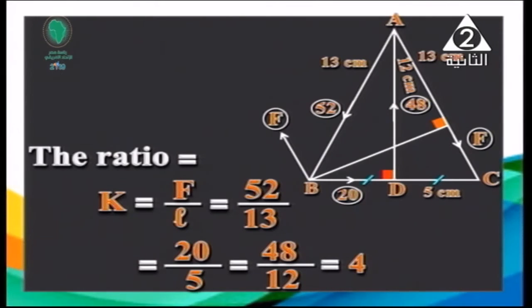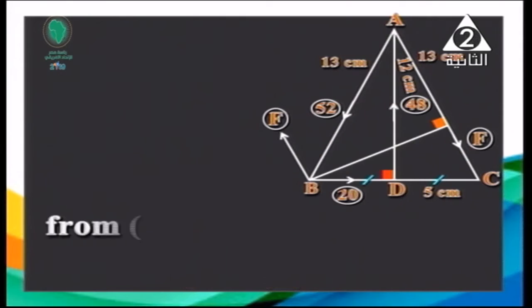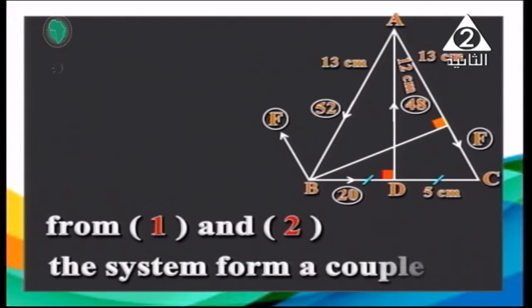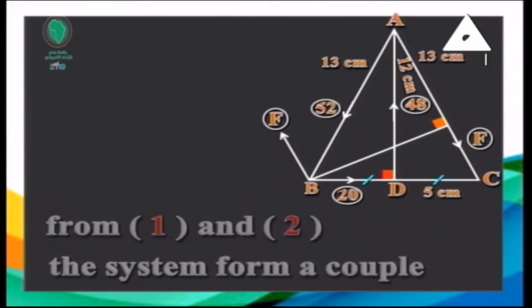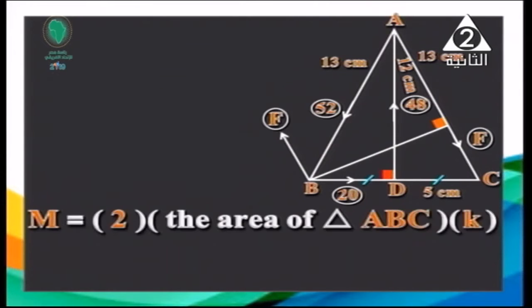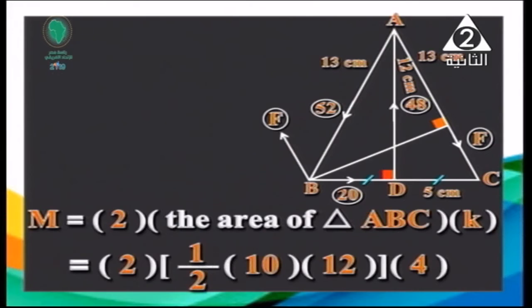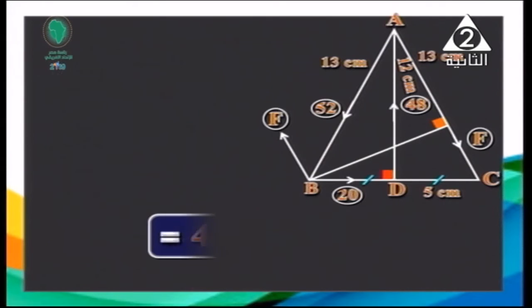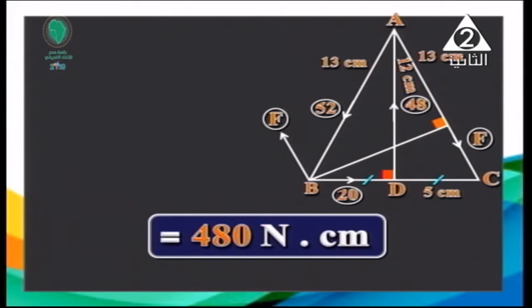Equals 4. This is the value of K. Then from 1 and 2, the system forms a couple. What is the moment? Twice the area of triangle ABC times K: 2 times half times 10 times 12 times 4. Therefore, the moment of the couple equals 480 Newton centimeter.